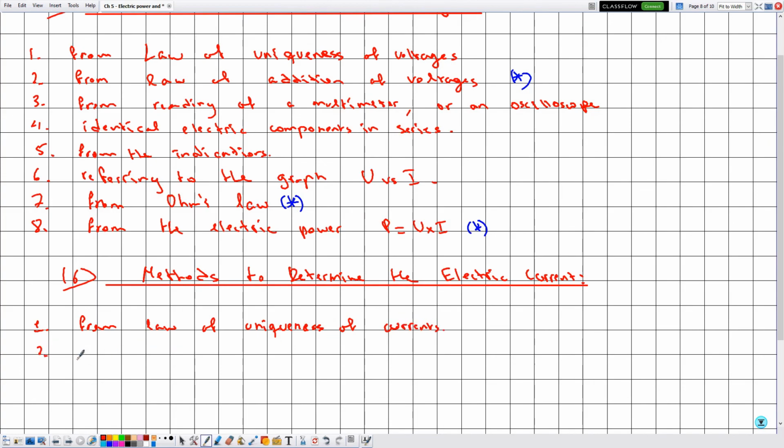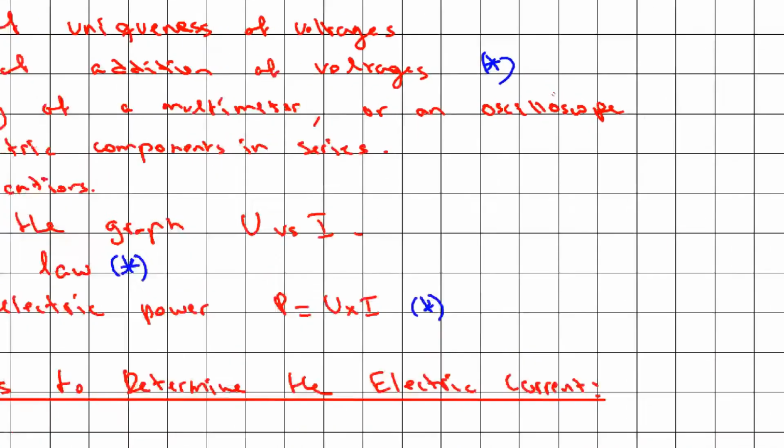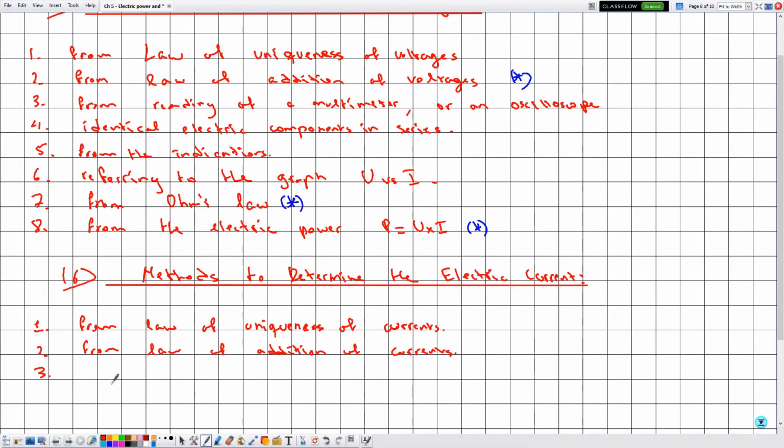Now the second one is from law of addition of currents. Now idea number 3 is from reading of a multimeter. Notice that here I will not write the oscilloscope, I will only write the multimeter functioning as an ammeter. Now idea number 4, instead of writing identical components in series, we'll write in parallel.